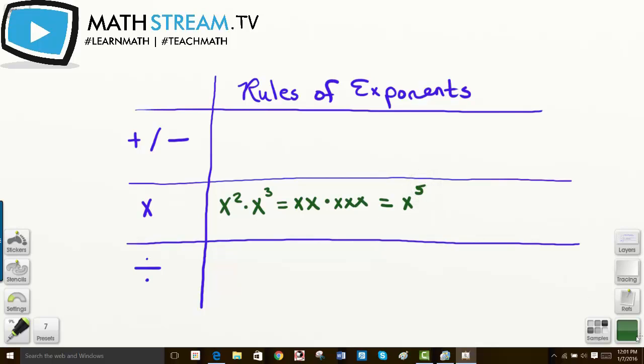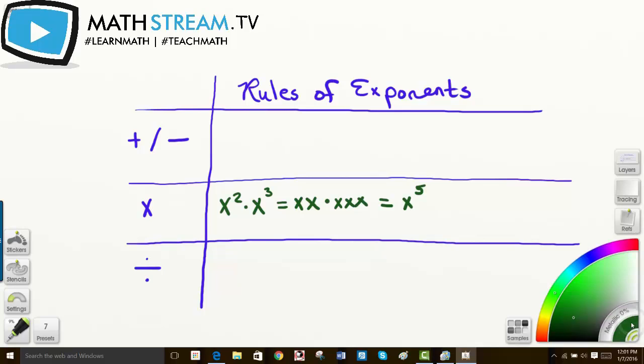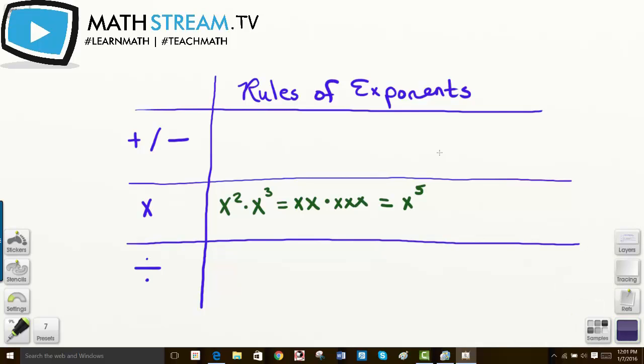Here is our formal rule for multiplying with exponents. Sorry, as we multiply powers, we add the exponents.